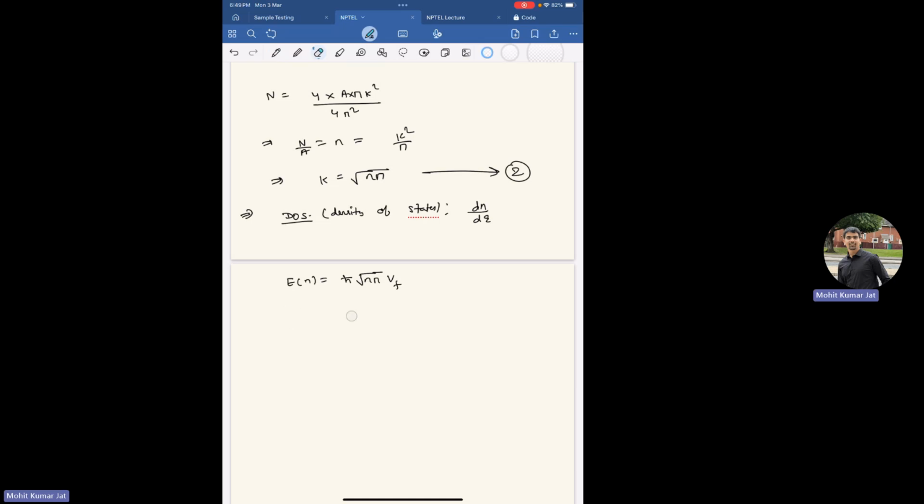Let me just do it slightly the other way. E square equals H bar square Vf square pi n, and del N by del E will be equal to 2 E by H bar square Vf square pi.